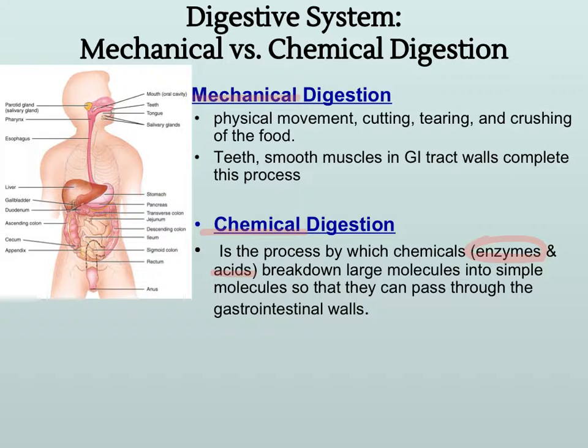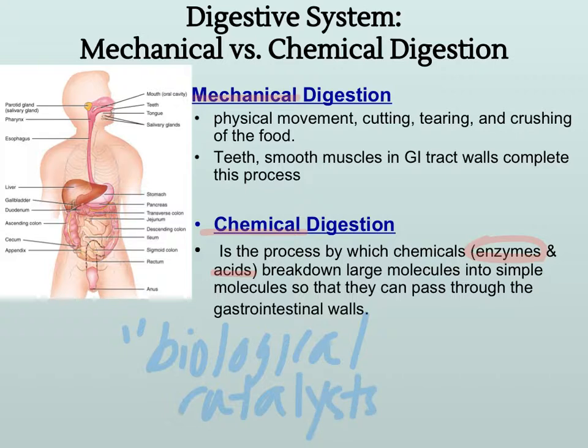And if you remember from baby biology, enzymes are biological catalysts. That's the fancy word that we use. Biological catalysts. And a catalyst is something that is going to speed up chemical reactions.